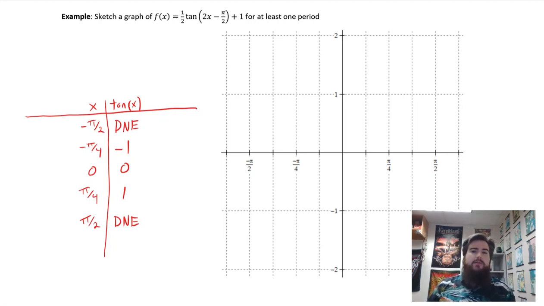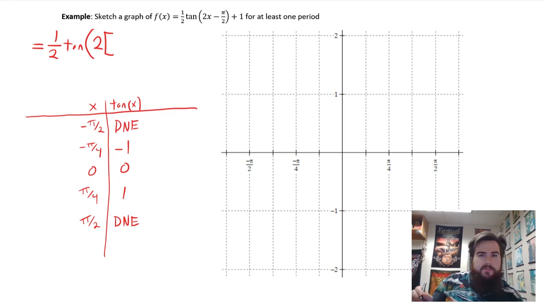Before moving on, however, just like with the previous functions of sine and cosine, I'm going to take the original function and I'm going to factor out the value that is multiplying x. Meaning I'm going to rewrite this function instead as 1/2 tangent of 2 factored out of that expression, which would leave me with x minus pi over 4, plus 1.